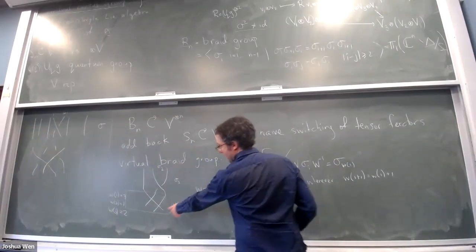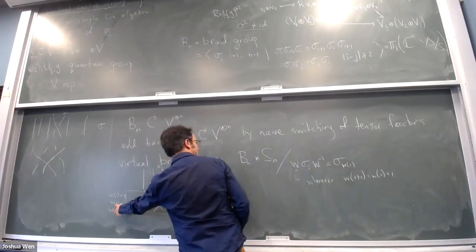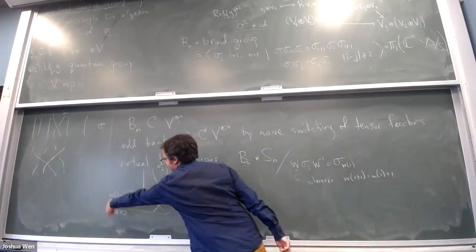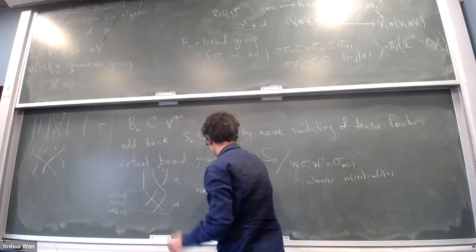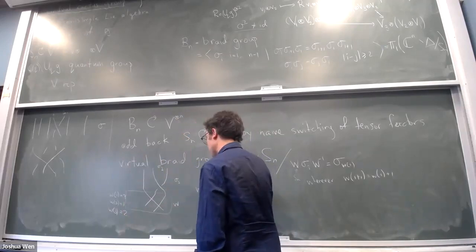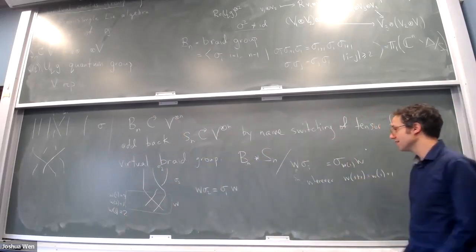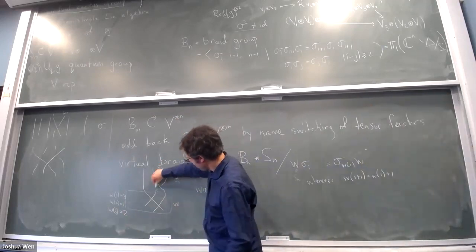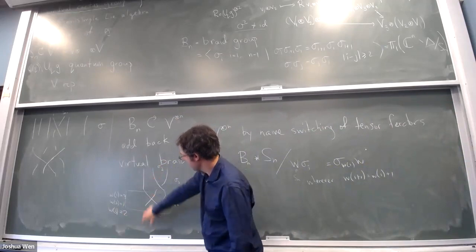This one is okay because W(2) is 1 and W(3) is 2, so W(i+1) is W(i)+1. It satisfies the condition. So W sigma 2 W inverse will be sigma 1. Pictorially, this means you can slide this actual crossing past this virtual crossing.